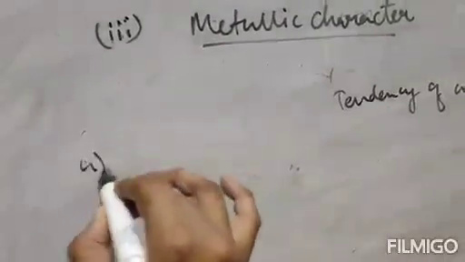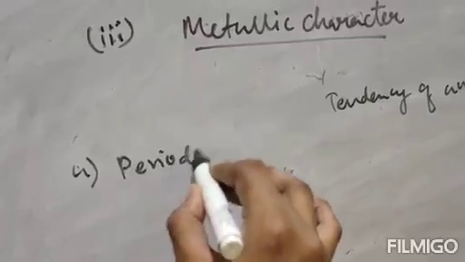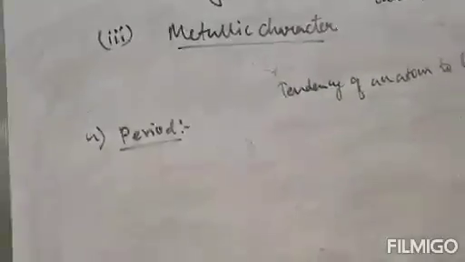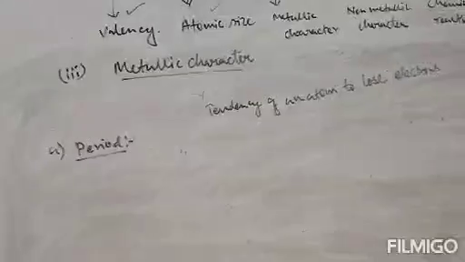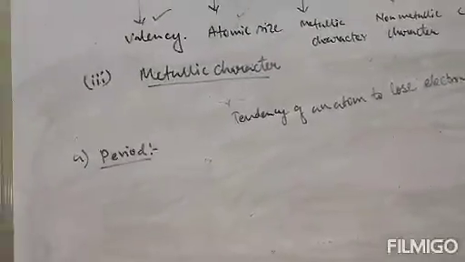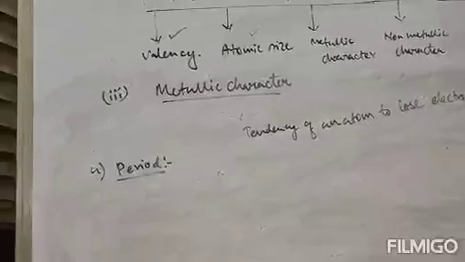Now, according to period, how does metallic character change? Along the period from left to right, metallic character decreases, because the tendency to lose electrons decreases. The tendency of losing electrons decreases in a period, that is, moving from left to right.